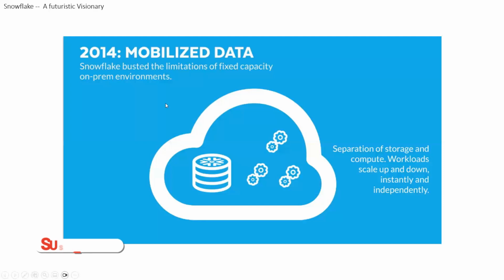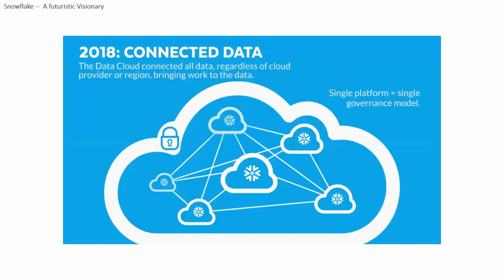They started in 2014, when they started moving the data to the cloud. On-premise data has been moved to the cloud. This is one thing. And second, they started connecting the data across all the regions, no matter whether your data is in the US, India, America, or other places.